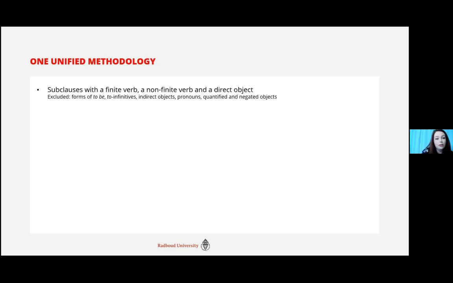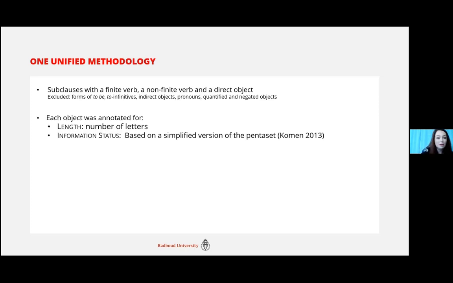No forms of to be, no to-infinitives. I excluded indirect objects, pronouns, and quantified and negated objects because those types of objects behave differently. Even with all these exclusions, there is plenty of material left to base conclusions on. I then annotated the objects for length.